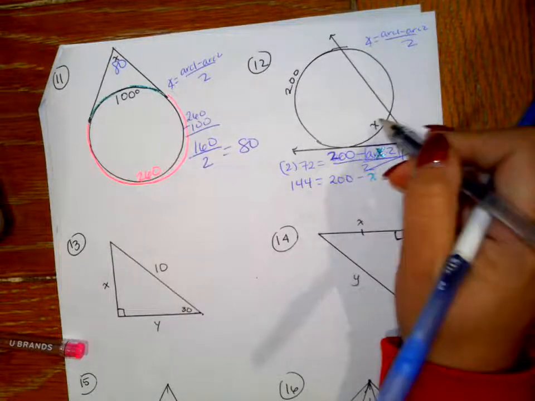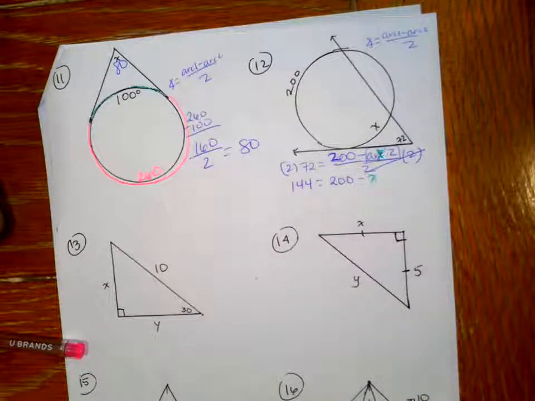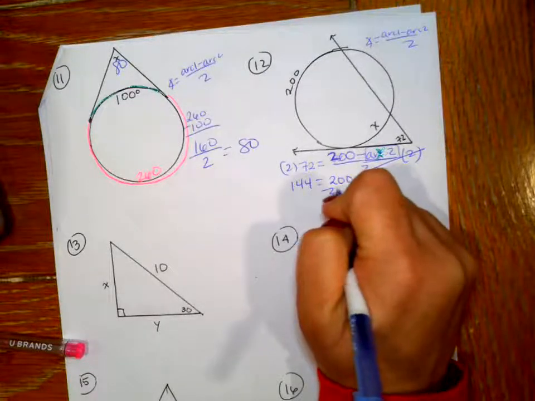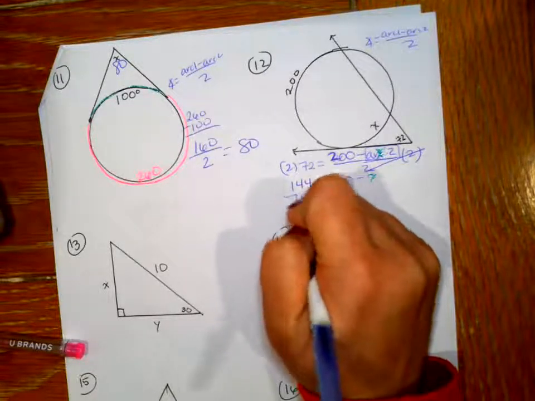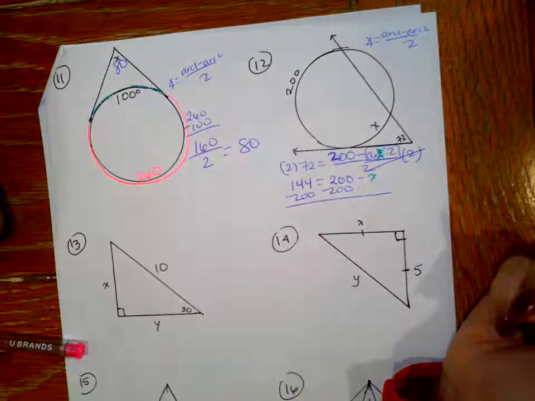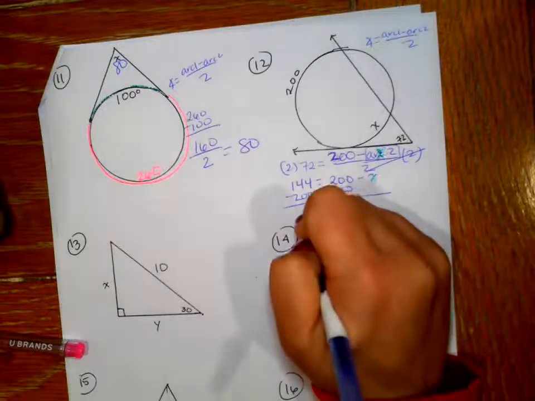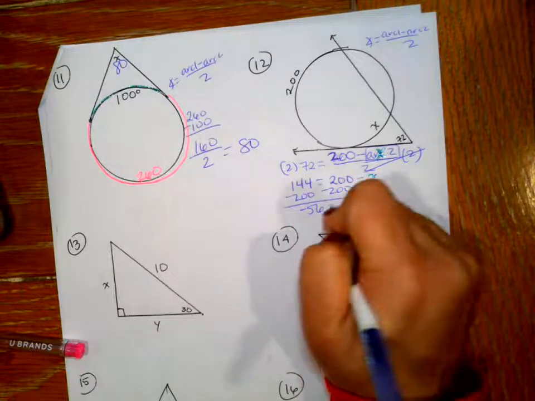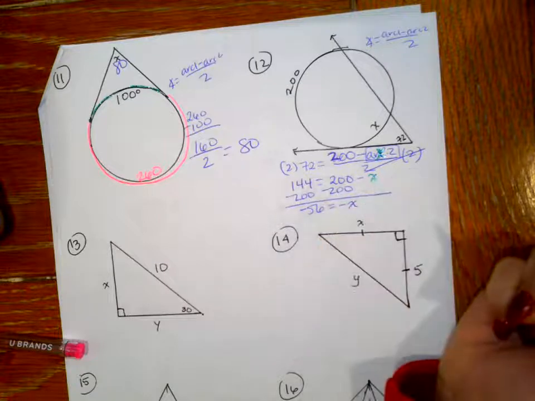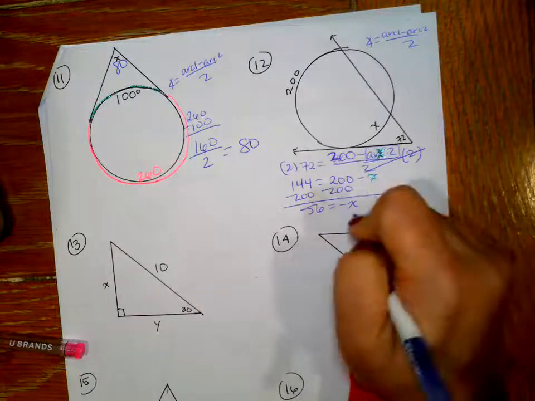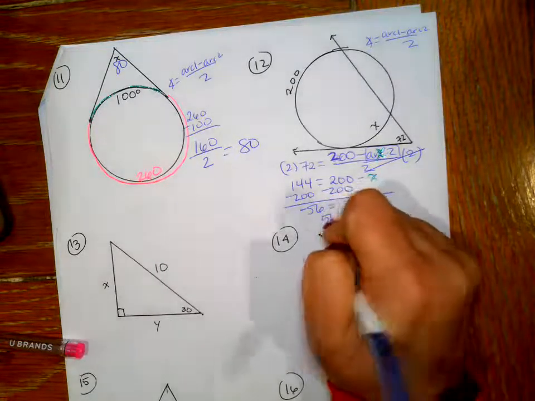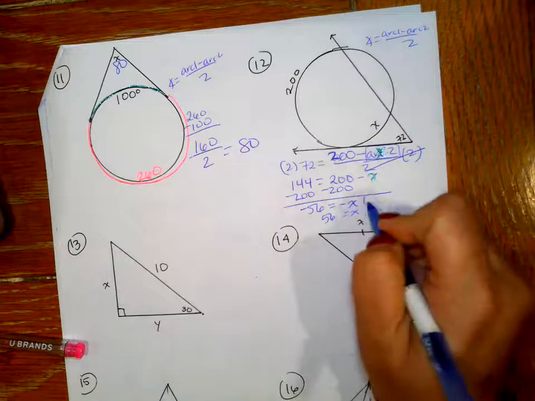And I know that my x is my arc 2. I'm going to subtract 200 from both sides. And I'm going to get negative 56 equals negative x. And then x equals 56. So I just divide out by the negative 1.